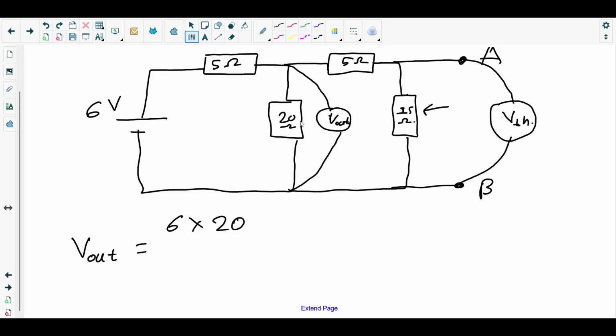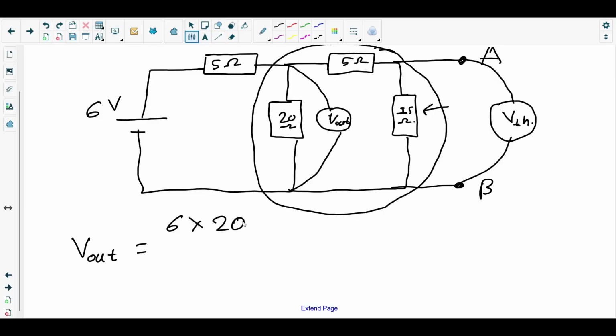So that means it will cover this whole part. That means it has to be not 20. We have to find the total resistance for this section. So the total resistance will be 15 and 5. These two are in series because there's no current in this way, right? So 15 plus 5, this is 20.